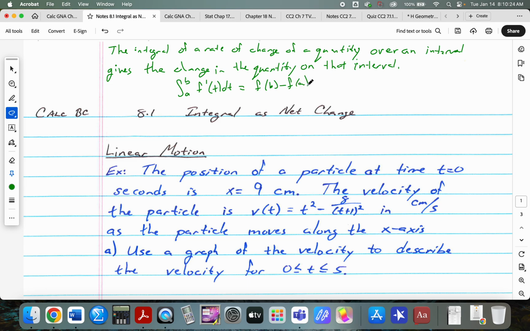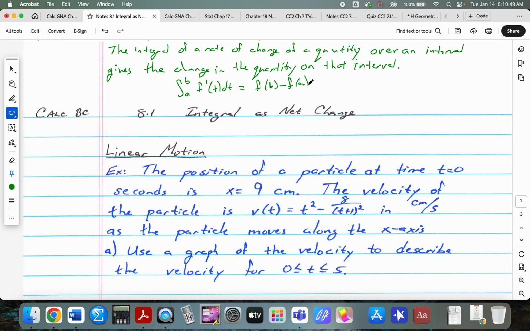Since f prime is the rate of change of f, it's the rate of change in the quantity f, then when we take the integral of that on the interval from a to b, we get the change in f from a to b, which would be f of where it ended minus f of where it started. Okay, and you can apply these to lots and lots of problems.